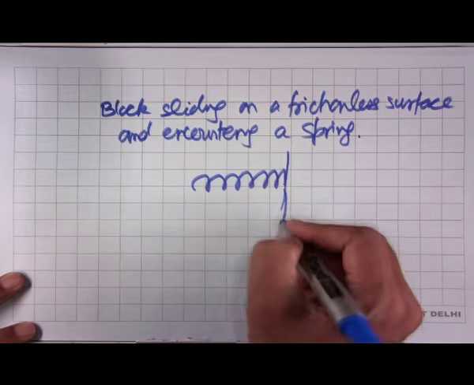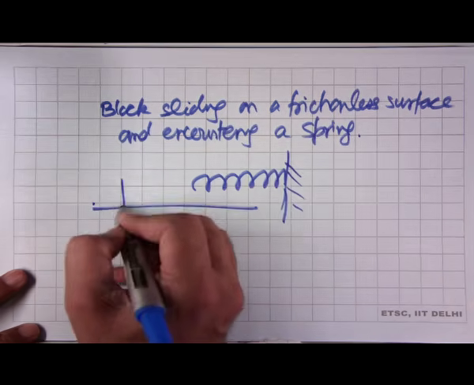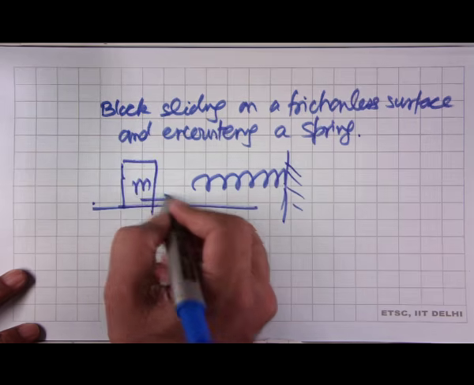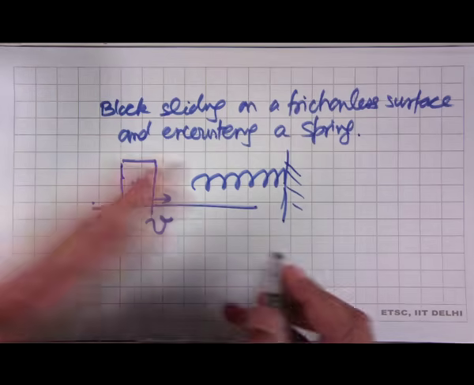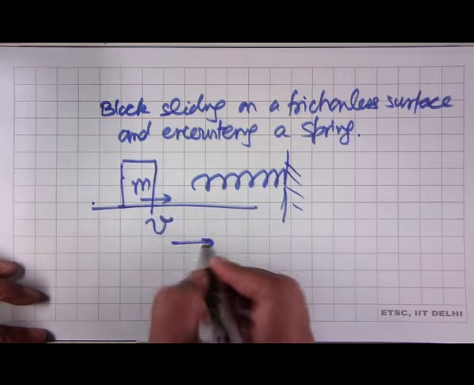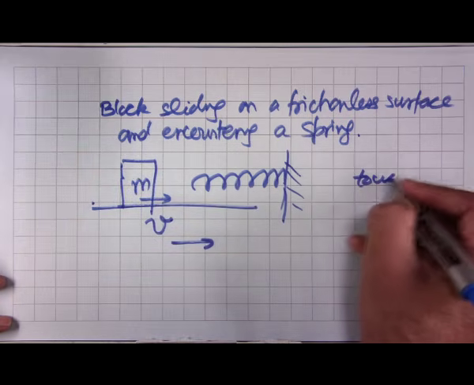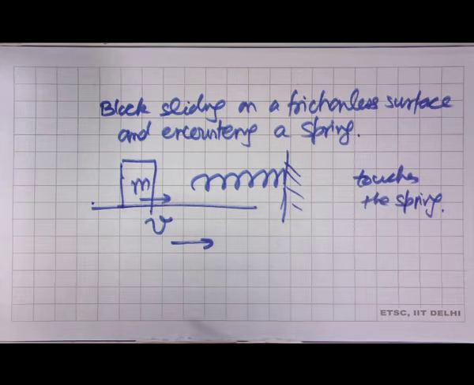We have a spring, and a block of mass m moving with the velocity v is travelling in this direction and touches the spring.